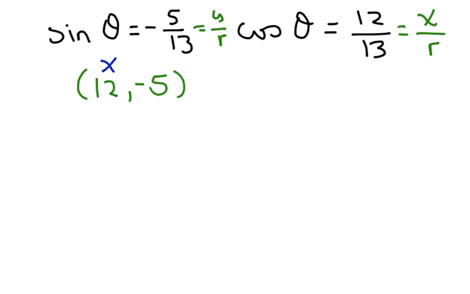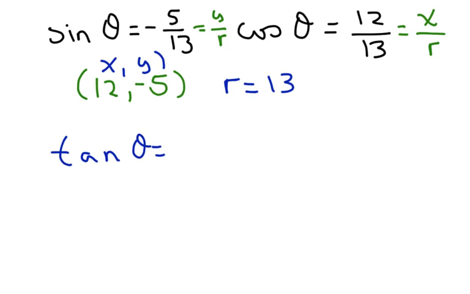This is our x, y. And our r is 13. So you have sine and cosine. Now we just need tan theta, which is y over x, which is just going to be negative 5 over 12.